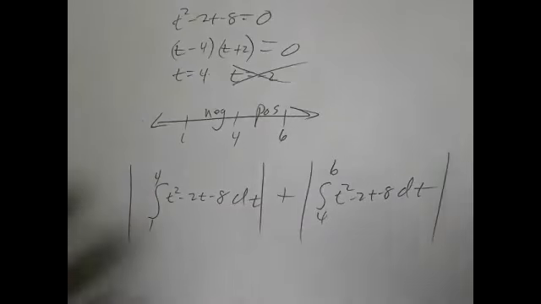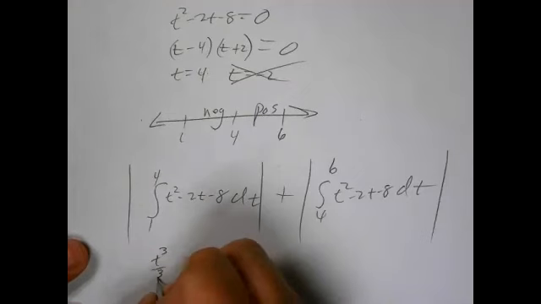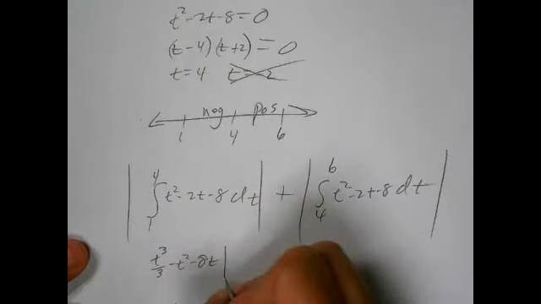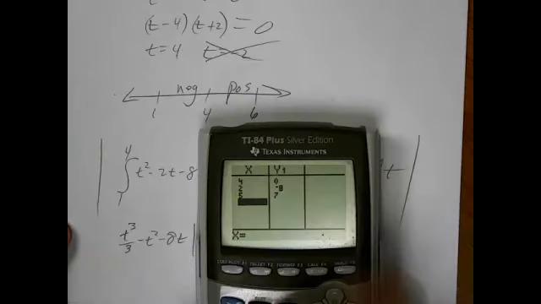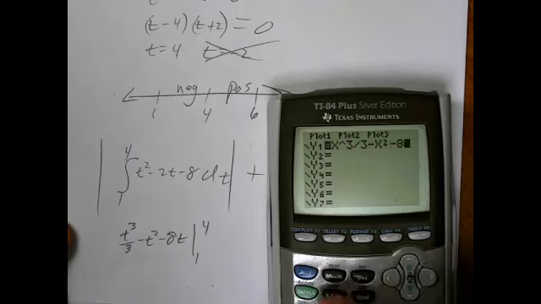And for this one, I'll go ahead and evaluate. We're going to take t cubed over 3 minus t squared minus 8t and evaluate it from 1 to 4. Well, the calculator can help with that as well. Clear that out, put in x cubed over 3 minus x squared minus 8x.